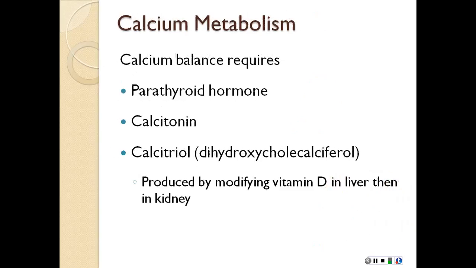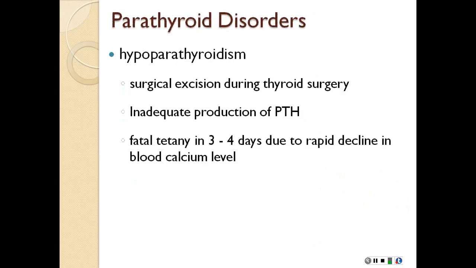Right? And what about hypoparathyroidism? So the parathyroid gland is not secreting enough PTH. Okay, now tell me what that's going to do to calcium. So once you know what the word means, you have to do that first.